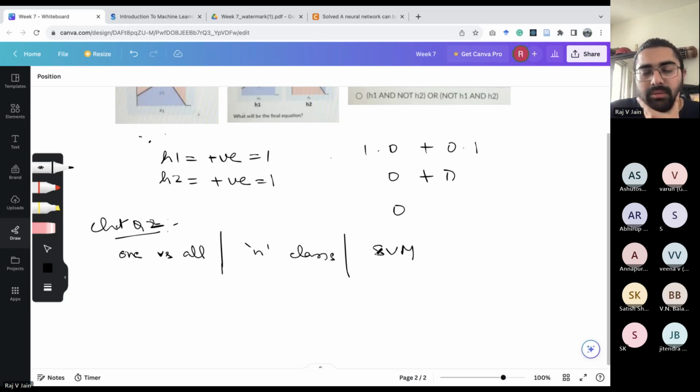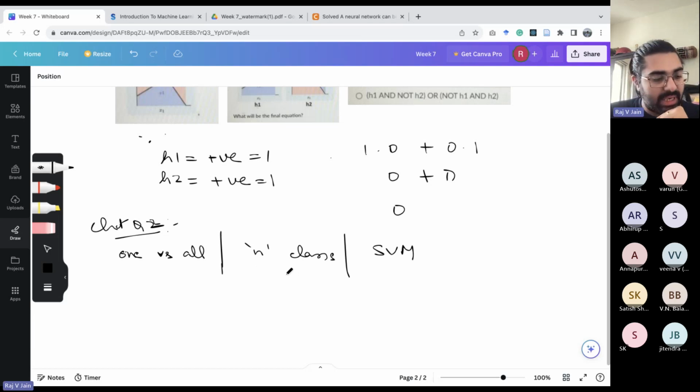Any thoughts? We have an n class classification problem. So how many SVM models will we have to train to be able to do this n class classification problem?